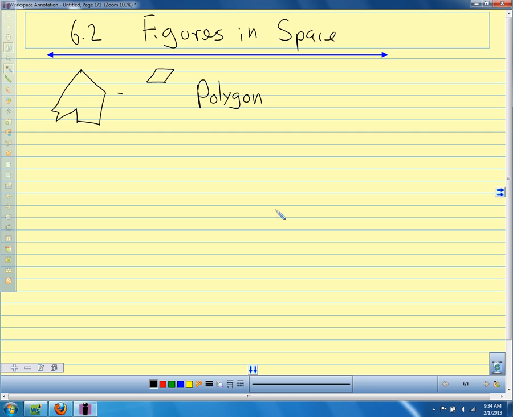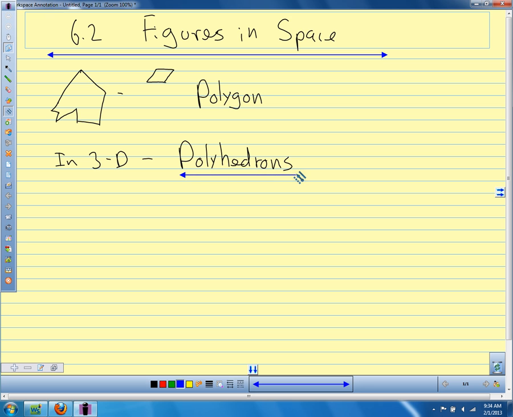Well, in three dimensions, in 3D or in space, however we want to think about it, it's a similar word, polyhedrons. So our most general shape, and we'll nail down the details, is a polyhedron.